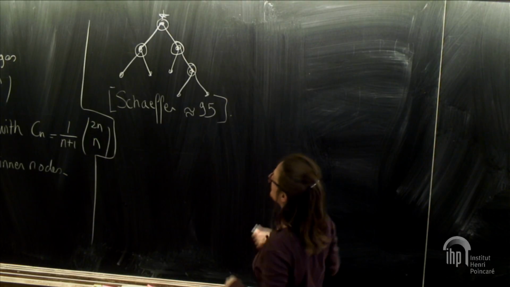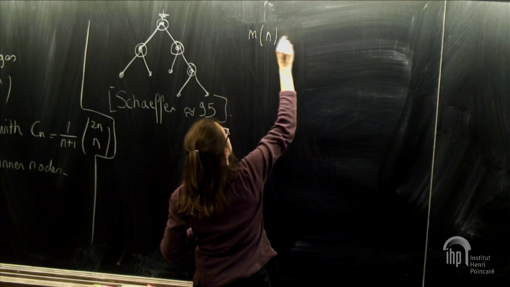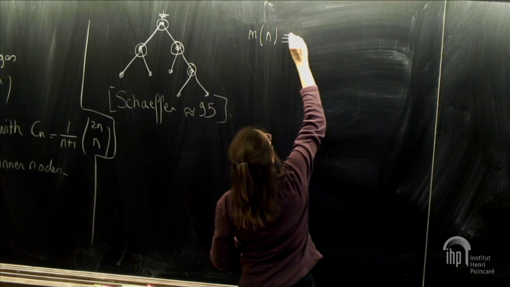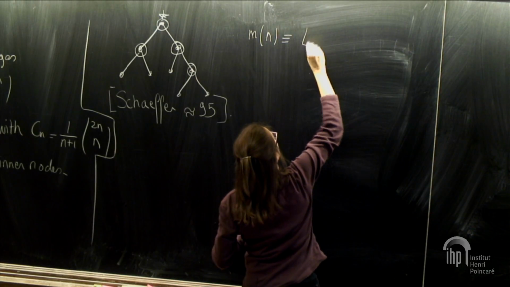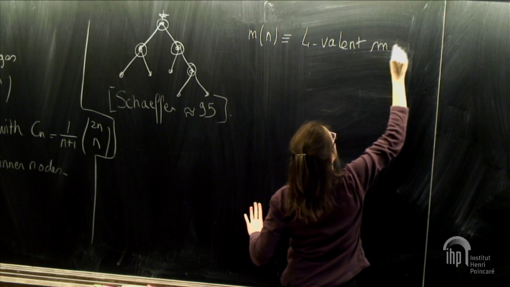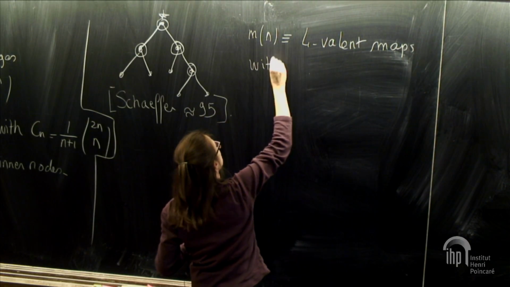The first thing that we should do is to realize that maps with n edges are in bijection with 4-valent maps with n vertices, and that's a very simple bijection.